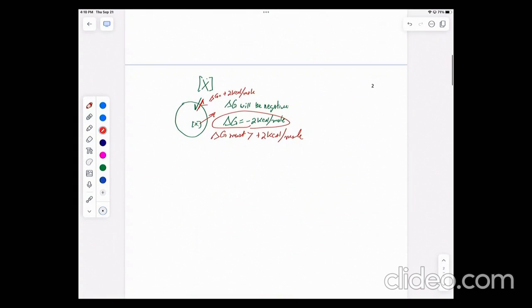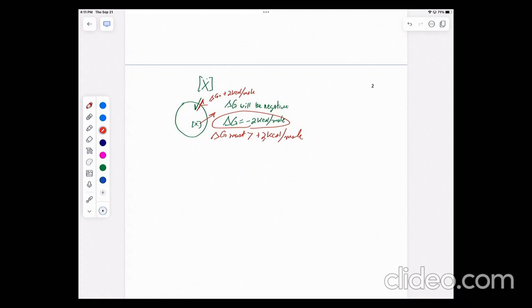That's telling you that as X goes down its concentration gradient, it's going to be releasing that energy. Then you flip the sign from minus to plus 2, which means that's the amount of energy that will stop any X's from coming into the cell. And then you know, okay, if I'm going to make the X's leave the cell going up its concentration gradient, then the energy input must be greater than 2 kilocalories per mole. So that's how that works.